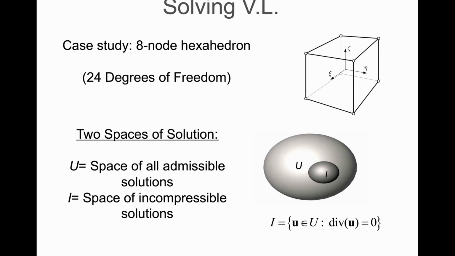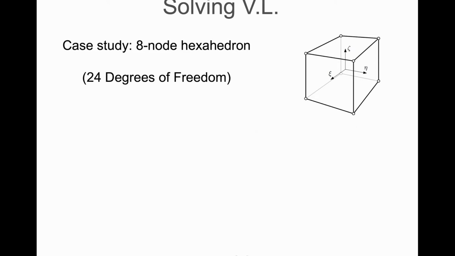What we can state here is that the performance of a finite element is better the bigger the space of solutions of an element. So we need to check what happens to the finite elements we know when we try to impose incompressibility. Every finite element has a different space of admissible solutions and subspace of incompressible solutions. So the bigger, the better.